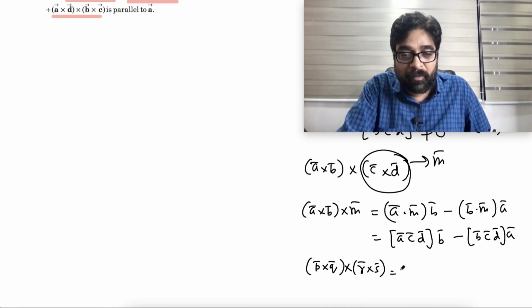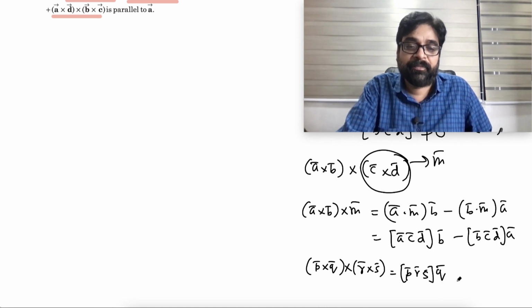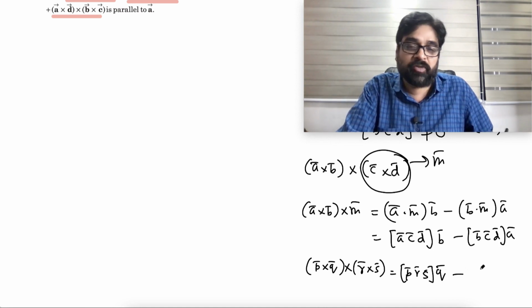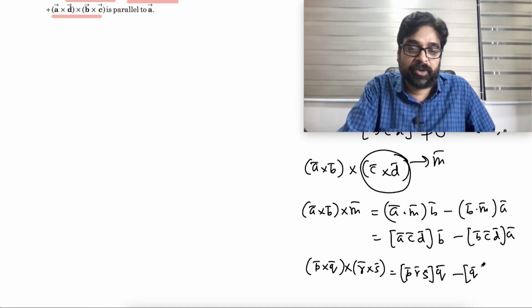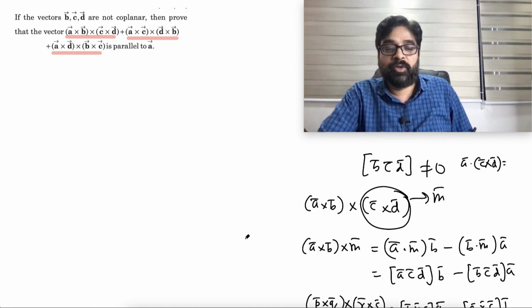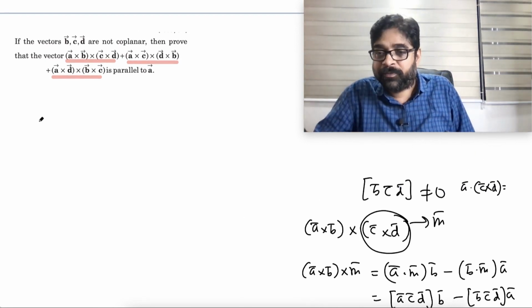So that will become box of P R S into balance vector Q vector, minus, take these two vectors and make a box with this, the box of Q R S into balance vector P vector. Have you understood?